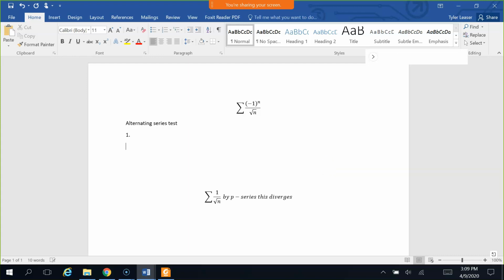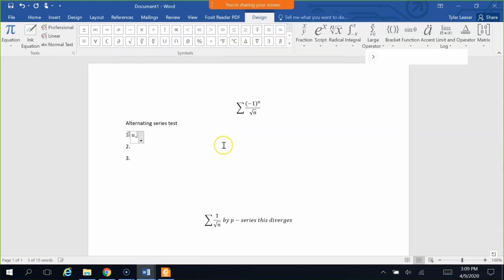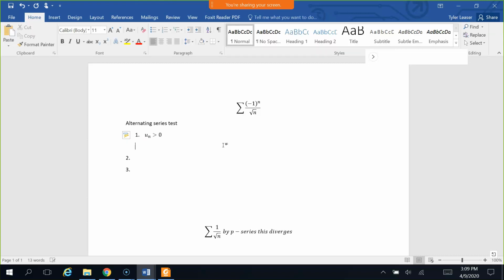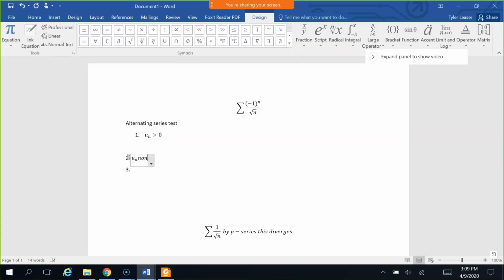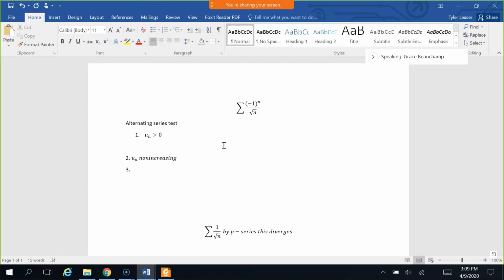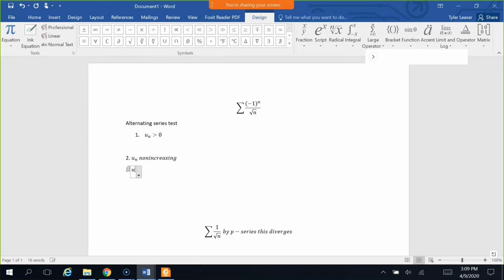By the alternating series test, there are three different things you have to worry about. The first is you have to make sure that your sequence without the alternating part is all positive. You have to make sure that your sequence values are non-increasing. And then you also have to make sure that the sequence values go to 0.